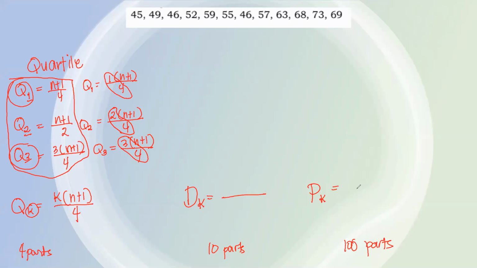And lahat sila, pare-pareho, meron silang n plus 1. At meron silang K sa tabi nun. Okay? And sa denominator, syempre kung ito ay 4 parts, ibig sabihin 4 yun nasa denominator. So kung ito 10 parts, ano yung denominator natin?